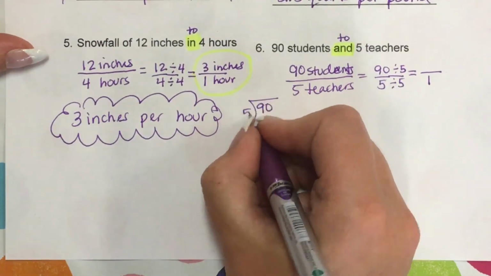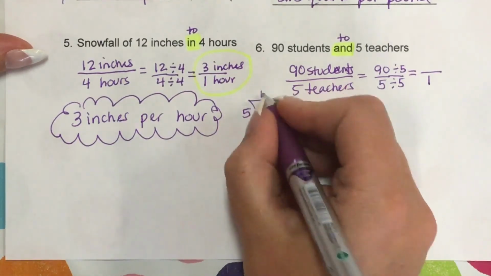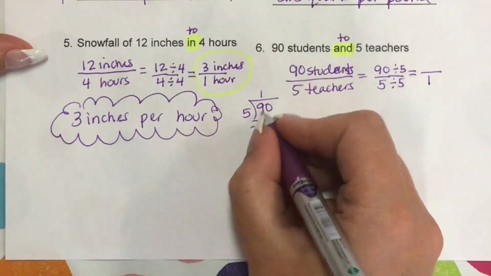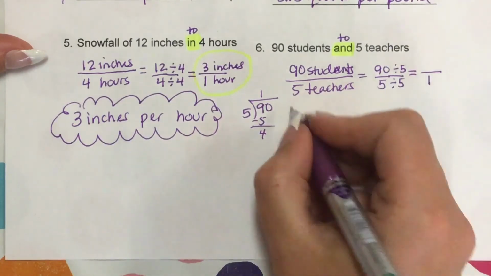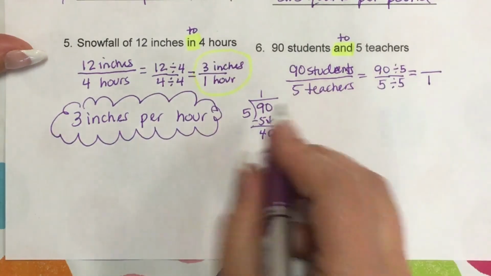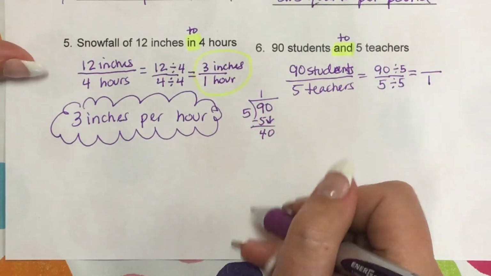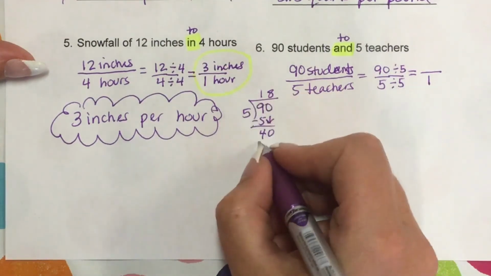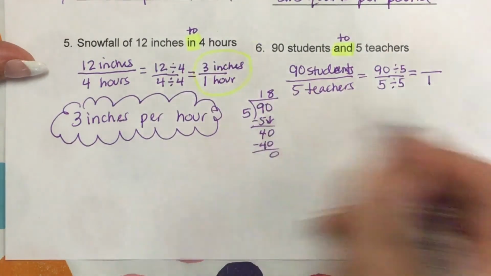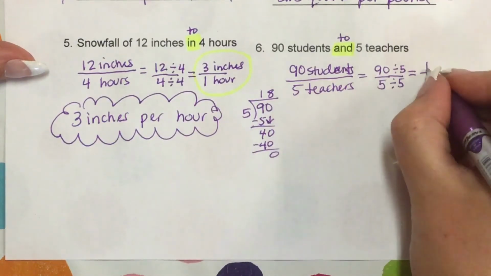90 divided by 5. 5 goes into 9 one time. 1 times 5 is 5. 9 take away 5 is 4. And then we drop that 0 down. 5 goes into 40 8 times. 8 times 5 is 40 with no remainder. So 90 divided by 5 is 18.